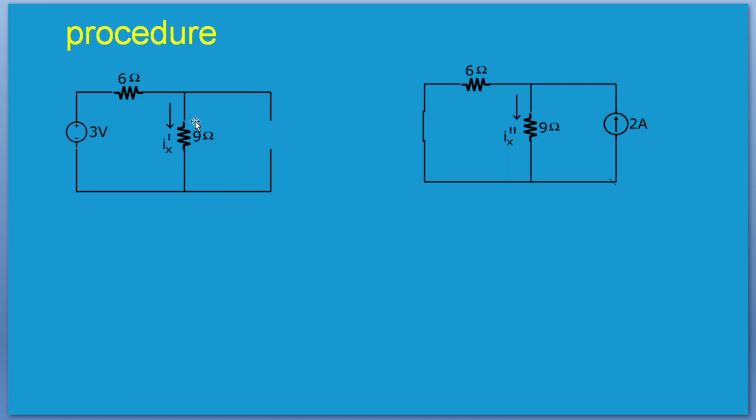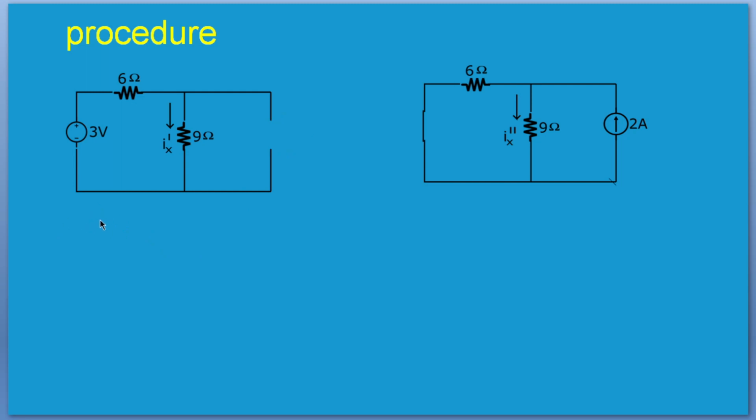See, in this circuit, first I will find the current in 9 ohm resistor with 3 volt source acting alone and make 2 amp source inoperative.